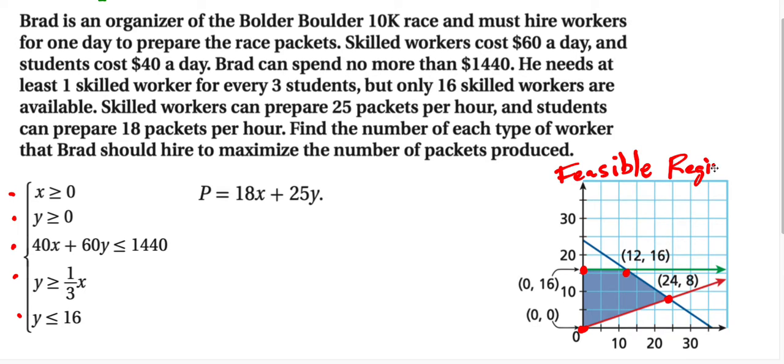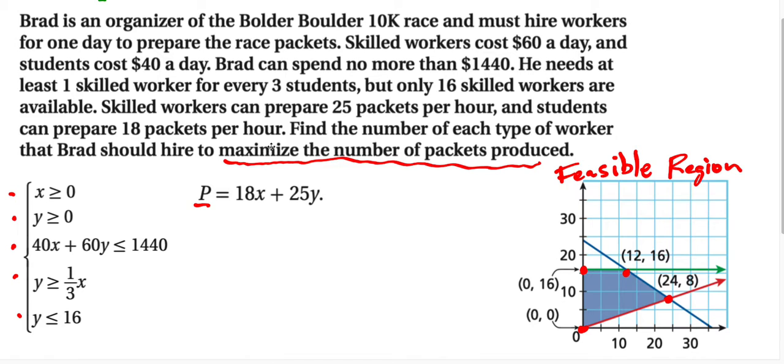Wait, but how did you get the P equals 18x plus 25y? So the objective function is what you're trying to maximize or minimize. And in the problem it said maximize number of packets. So packets is my objective. It's my goal.